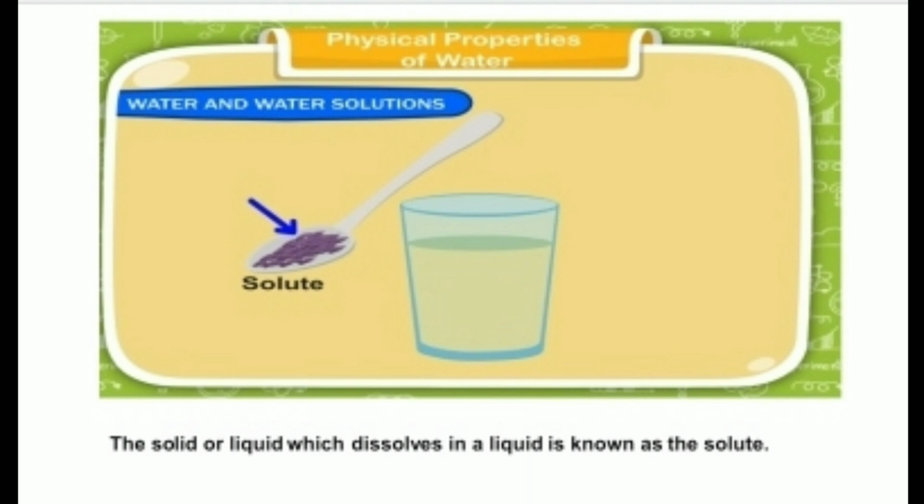Thus, we can say that the solid or liquid which dissolves in a liquid is known as the solute. Some of the examples of solid solute are sugar and salt that dissolve in water, and liquid solute is milk. It easily dissolves in water.